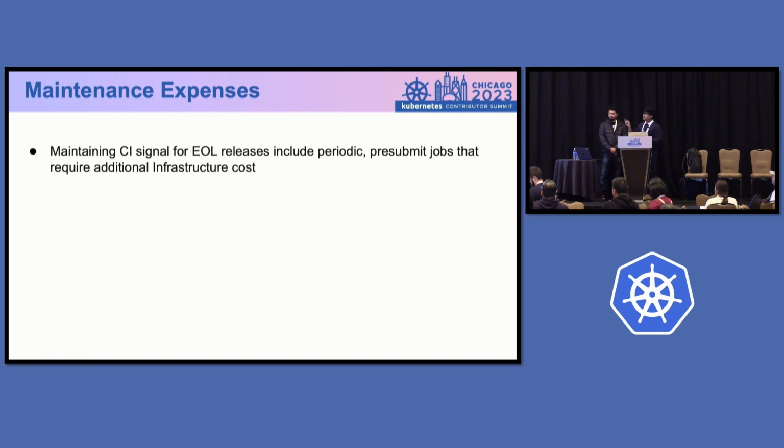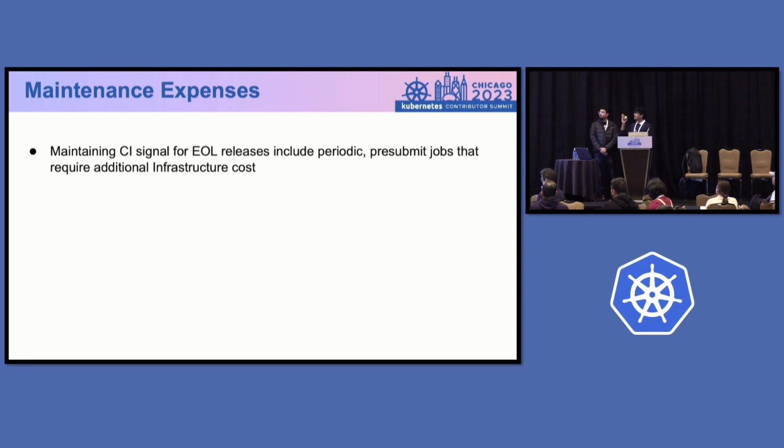So let's talk about maintenance efforts and expenses. Maintaining the CI signal for EOL releases is again a challenge. For the LTS that we are doing, these versions are not supported upstream. So we had to go ahead and create our own Prow infrastructure to accommodate all these changes.